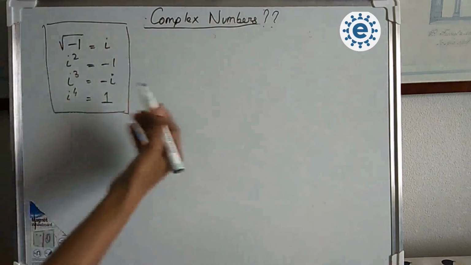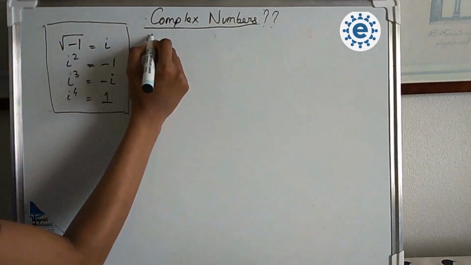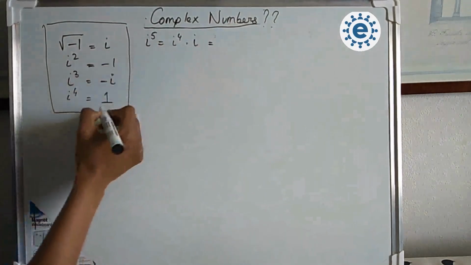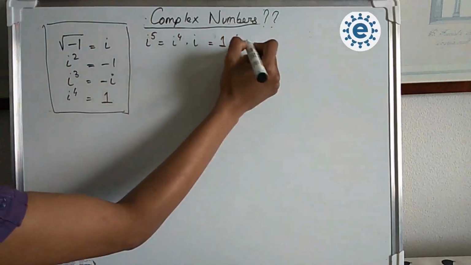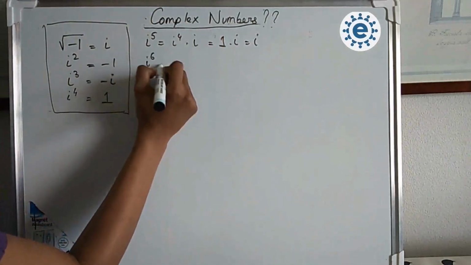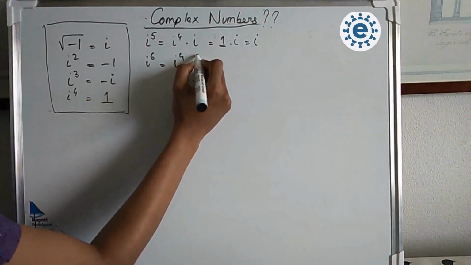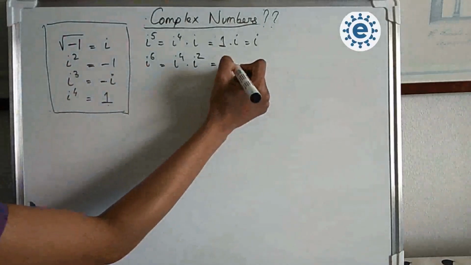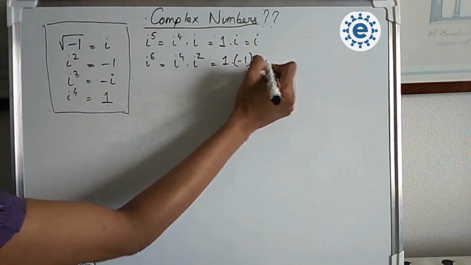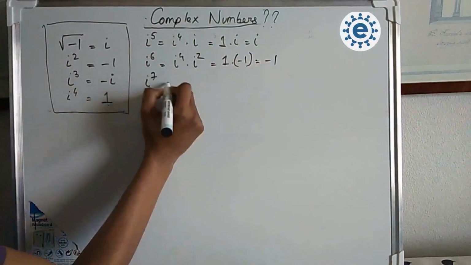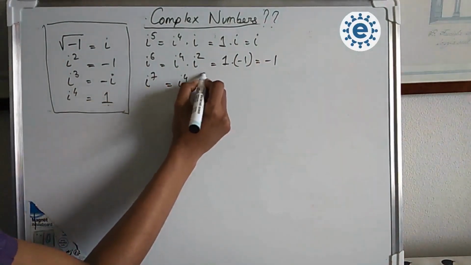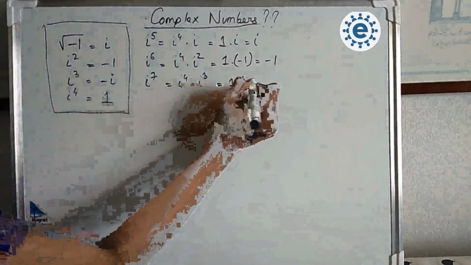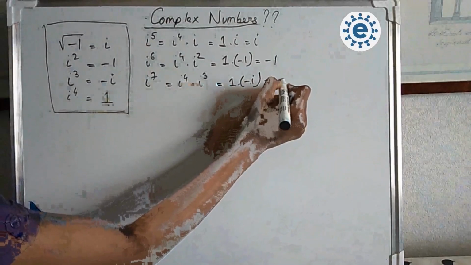Now let's find out the next 4 terms. I5, we will break into I4 times I, and I4 is 1, so it is I. I6 is I4 times I square, I4 is 1, I square is -1, so it is -1. I7 is I4 times I3, I4 is 1, I3 is -I, so it will be -I.